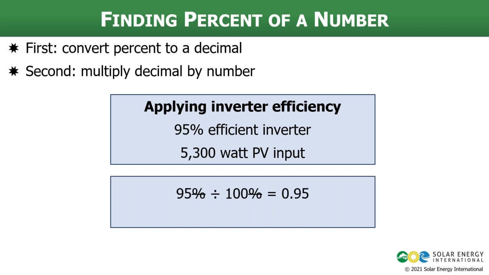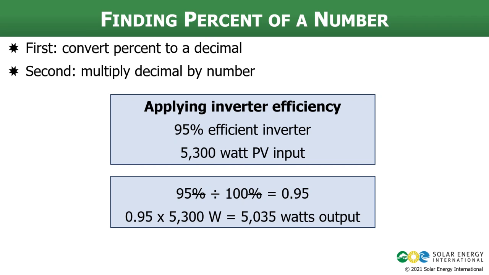So what we're going to do is divide the 95% by 100, because we can't multiply it by a percentage because we're not looking for a percentage, we're looking for what the output is. So we divide that 95% by 100 and get 0.95, and then we can multiply that 0.95 by our array size, 5,300 watts, and we get an output of 5,035 watts.